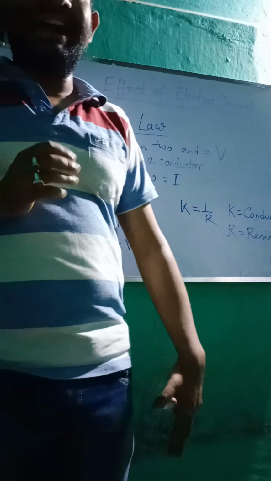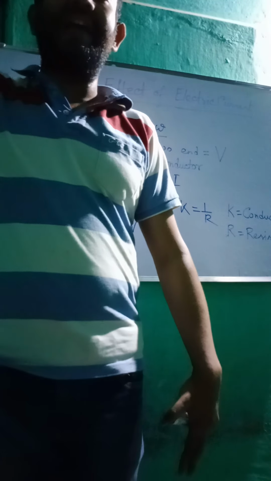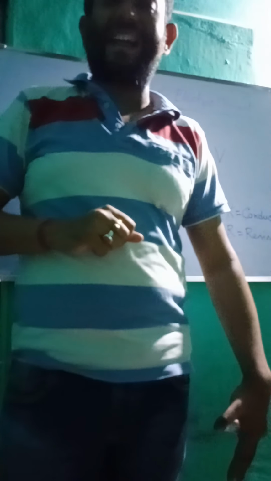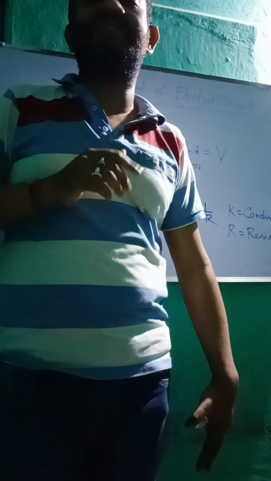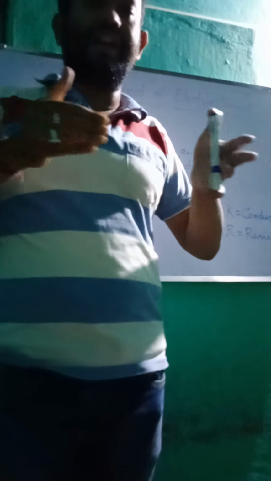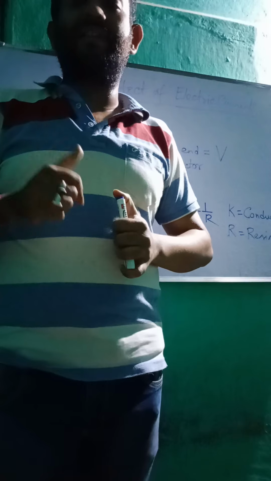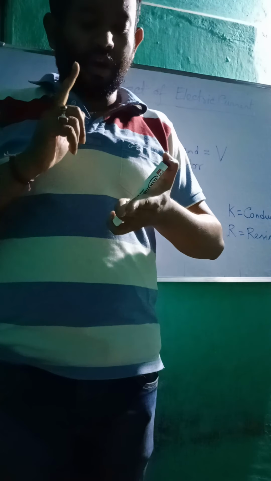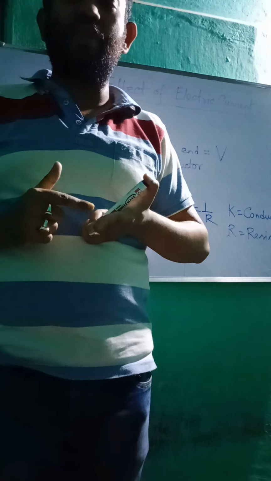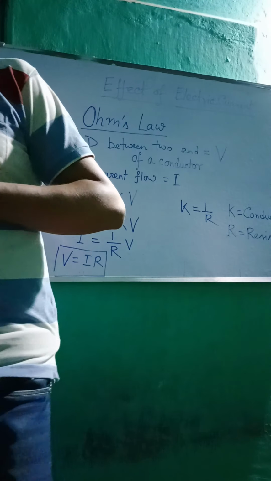So for a good conductor, conductance is high and resistance is low. But for an insulator or bad conductor like wood or plastic, the resistance is high, strongly opposing the flow of current, but conductance is low. So in a conductor K is high, R is low. In an insulator R is high, K is low.